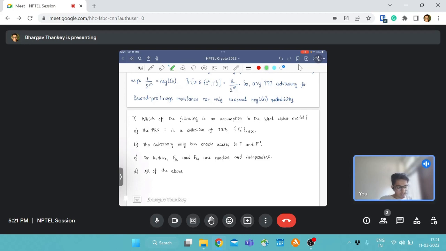The adversary only has oracle access to F and F inverse. For two keys K1 not equal to K2, F_K1 and F_K2 are random and independent. And all of the above. So which of these are assumptions of the ideal cipher model?